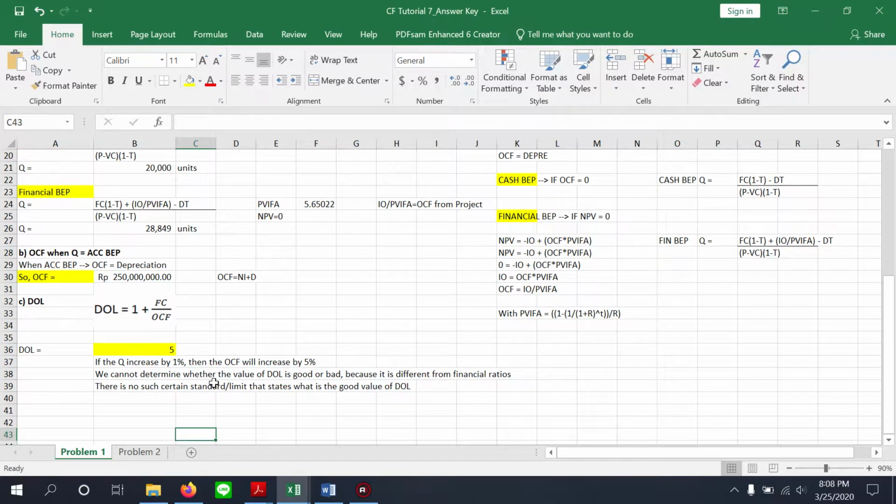Next is the degree of operating leverage. Basically this accounts for how much fixed asset you have to generate a certain level of revenue. It's telling you that if I have more fixed assets, or more fixed costs, I will have better revenue.